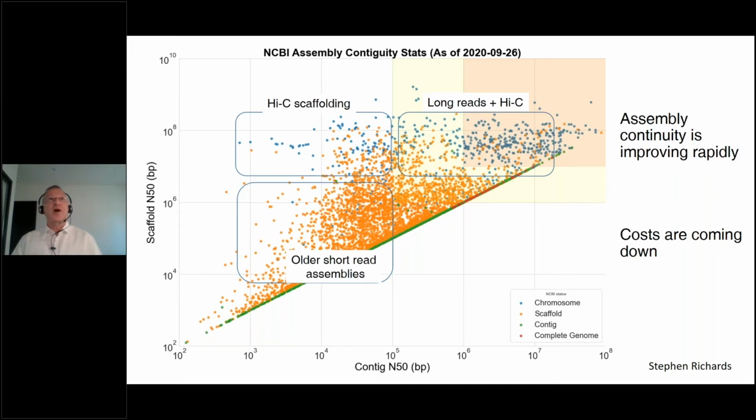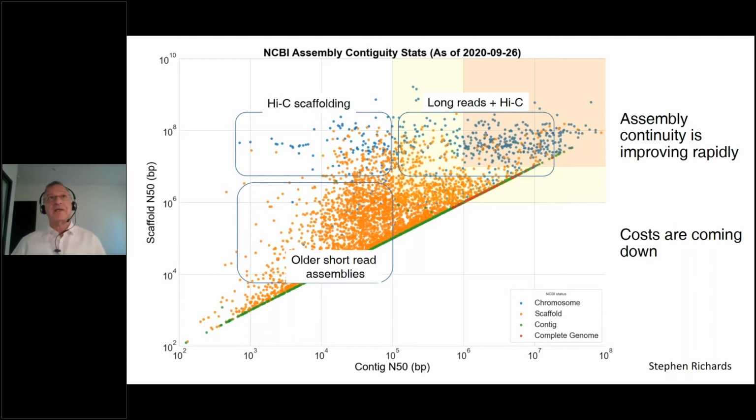Only the 410 genomes falling in the orange box to the right, that's the shaded box here, represent genomes that satisfy criteria for reference quality genomes, while those in the yellow box satisfy the criteria for draft quality genomes, about 1,600 genomes in all.